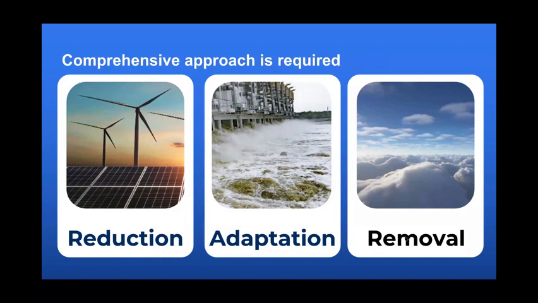So where I've come to in this is we really need to focus on 3 areas in climate generally. Today, I'm going to talk about carbon dioxide removal, but reducing our carbon dioxide emissions is critical, and we have to keep doing that. Adaptation is critical. We've got floods in Pakistan.